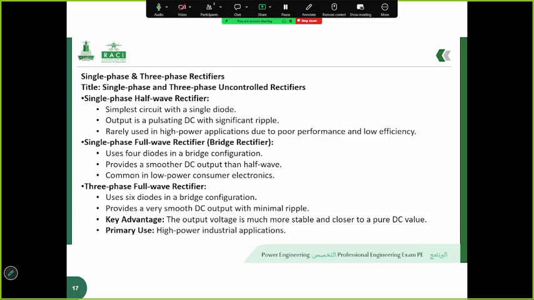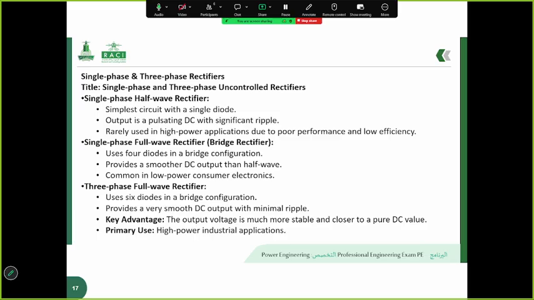During the positive half of the AC cycle, the diode conducts and passes current to the load, while during the negative half, it blocks the current. As a result, the output is a pulsating DC that has very high ripple content, and because of its poor efficiency and the heavy filtering required to smooth the voltage, this type of rectifier is rarely used in modern high power applications.